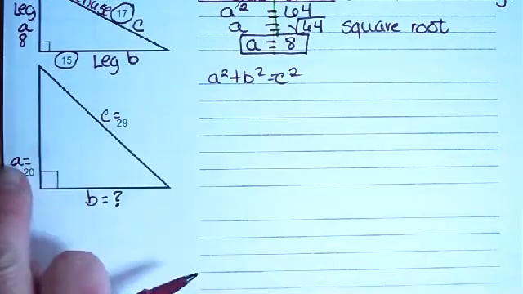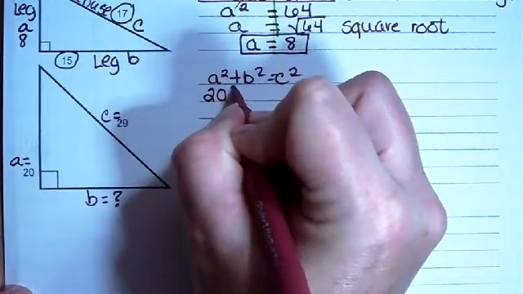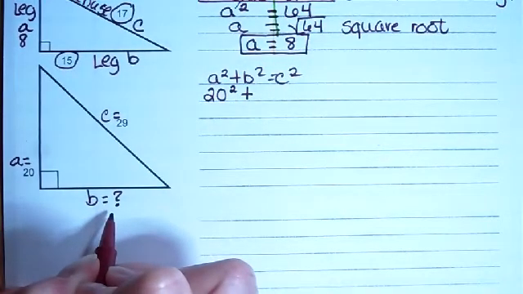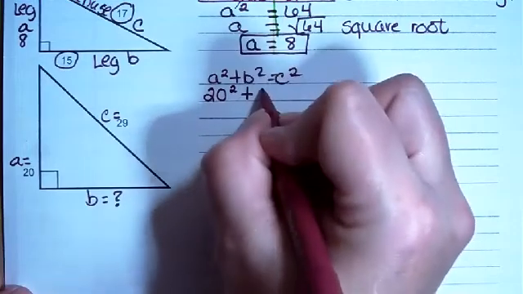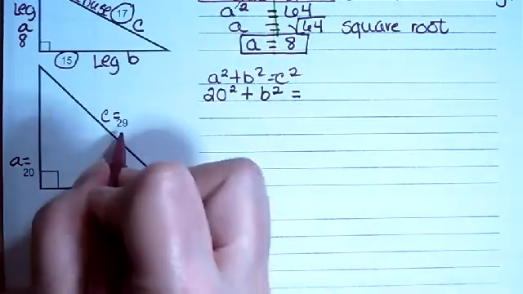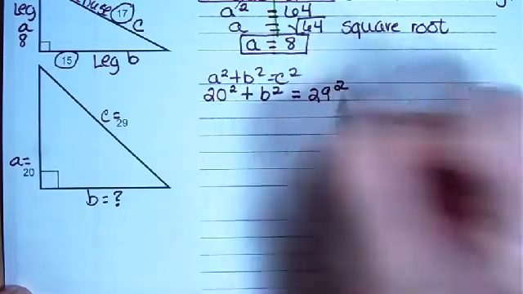Now 20 was side A, so I'm going to put 20 squared for A plus, now we decided already that B is what we're looking for, so I'm just going to put B squared equal to, now C over here is 29, so that's going to be 29 squared.